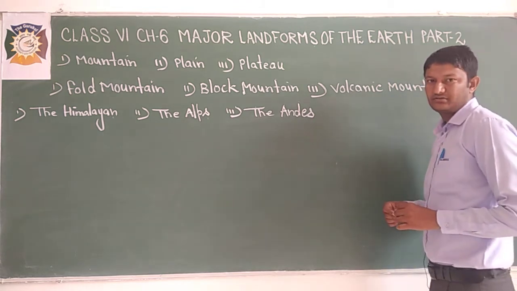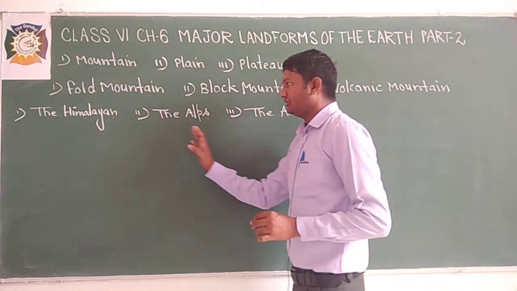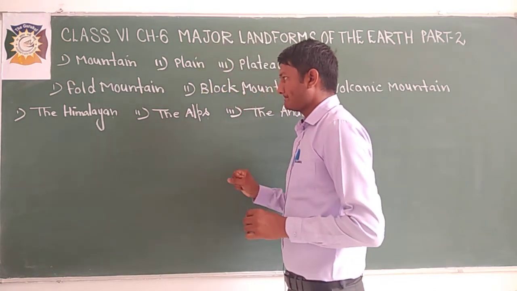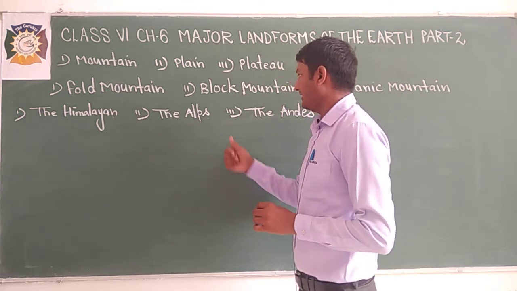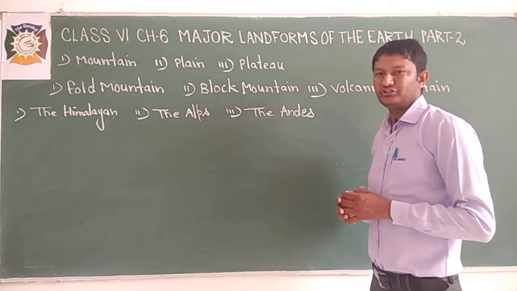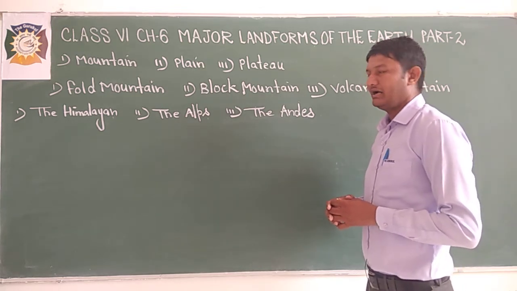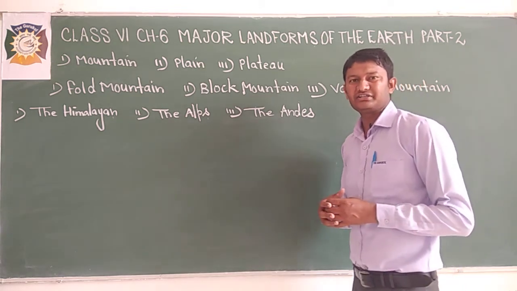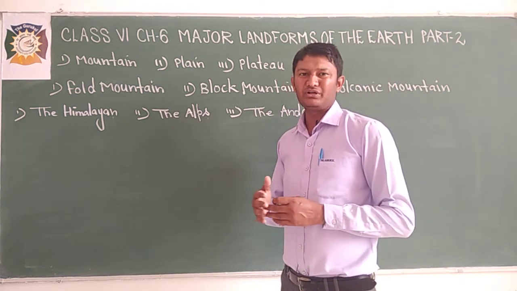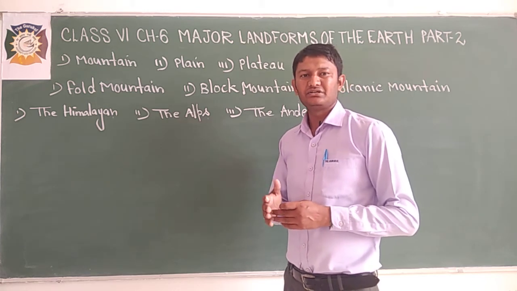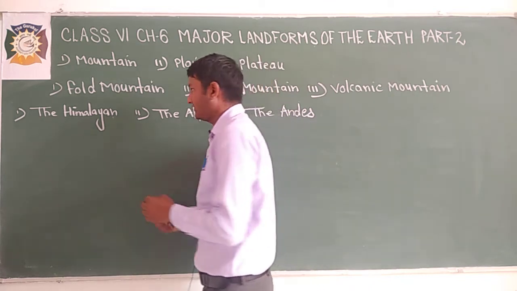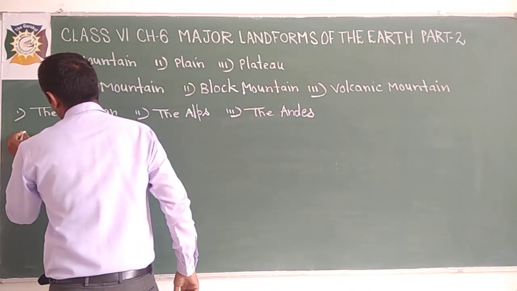My dear students, now you will come to know about young fold and old fold mountains. As I told you, the Himalayan mountain and the Alps are young fold mountains, and there are mountain ranges like the Appalachian, the Ural, and the Aravalli range. These are the examples of old fold mountains. Now let me write the examples of old fold mountains here.